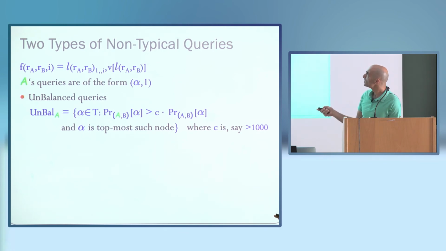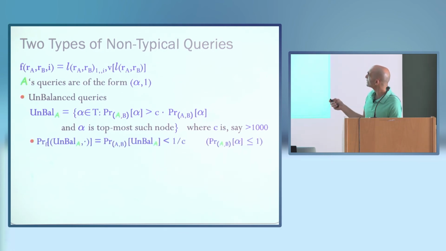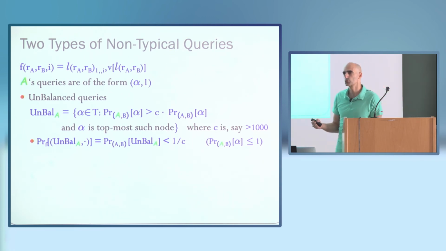So this is a problem. Why is this a problem? Because if the probability of A, B arriving at alpha is 1, you get that the probability of the function ever ending there, or the protocol ever coming to this frontier, is at most 1 over C. So it's too small. Maybe we cannot invert the function.